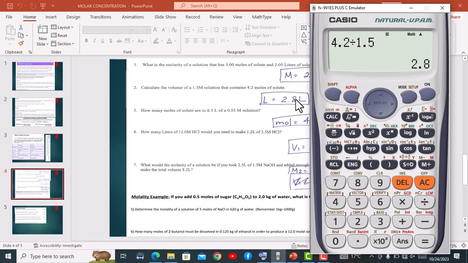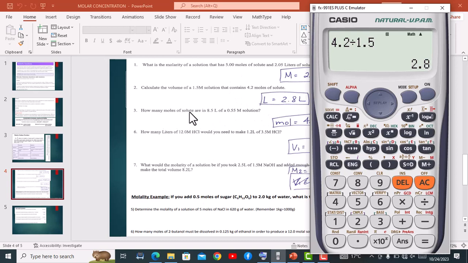Here we just decided to use liters, because we use kilograms and liters interchangeably. So when you are given the concentration and the number of moles and you are to find the volume, just use liters, just as in this problem.